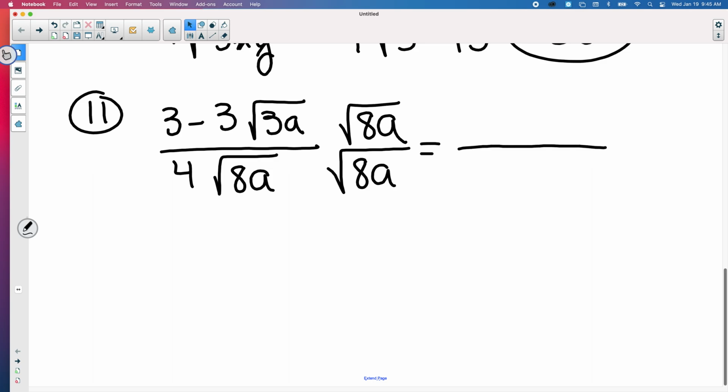So when you do the top, you have to distribute that radical 8a to both factors on top. So what's radical 8a times 3?